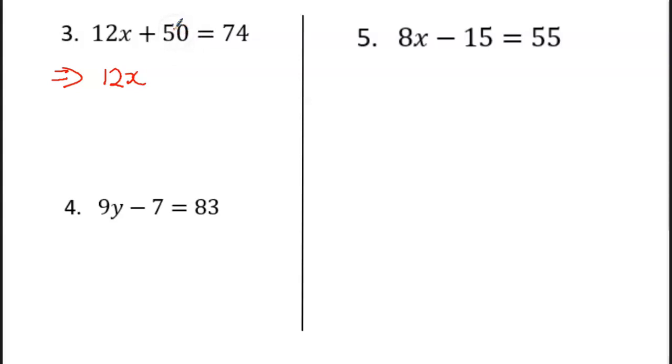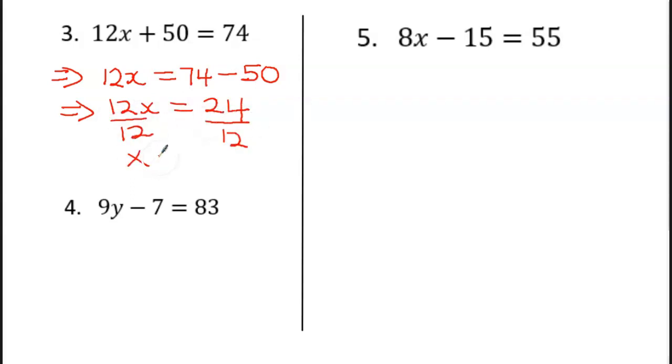So we are moving 50 to this side, which means that when it crosses the equal sign, it changes to minus. So 12x is equal to 74 minus 50, which is 24. To find x, divide both sides by 12. x now becomes 24 over 12, which is 2.